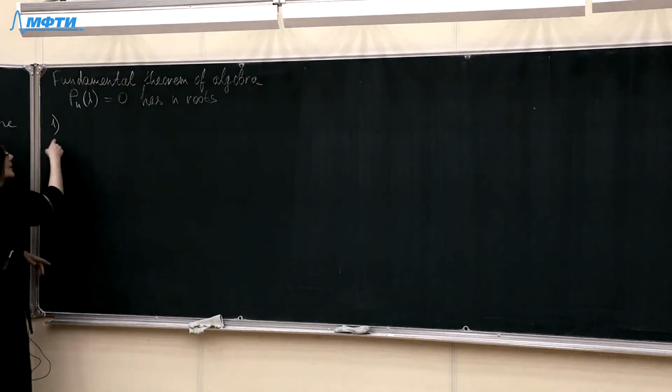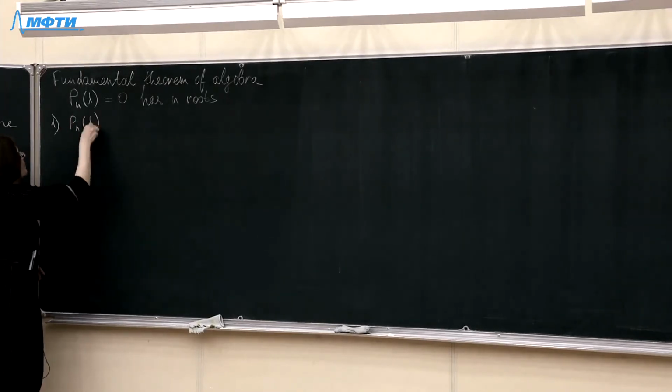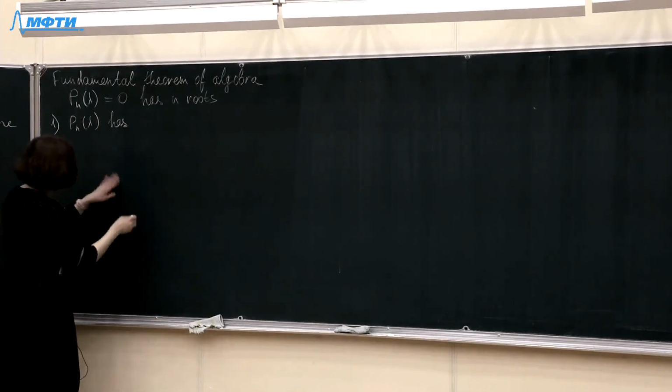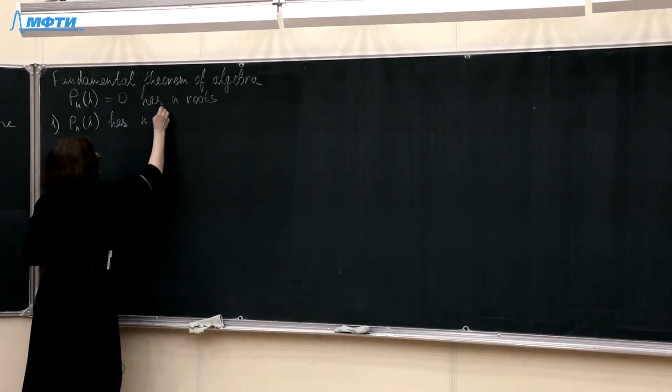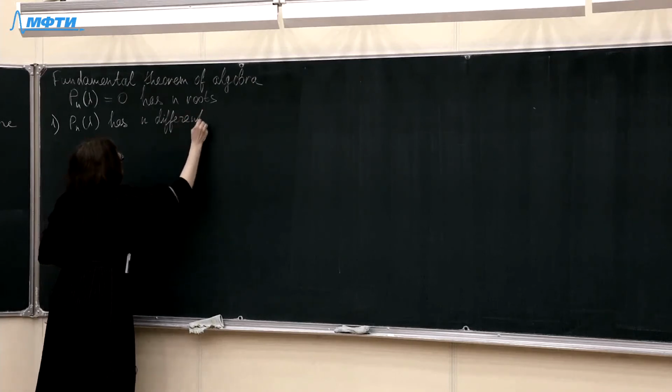So the first case is when the characteristic polynomial has n different real roots.